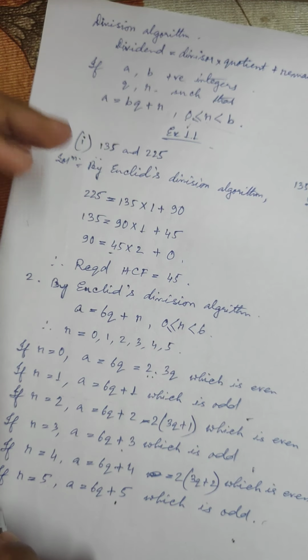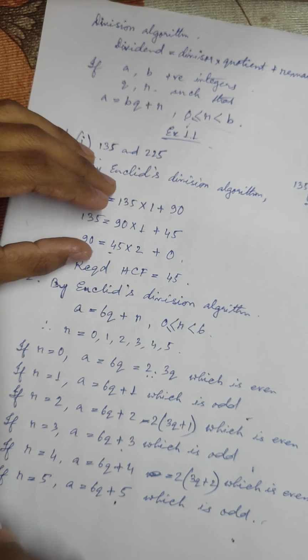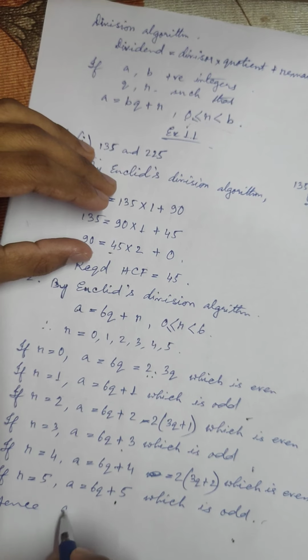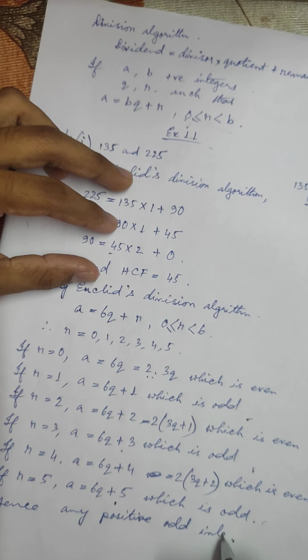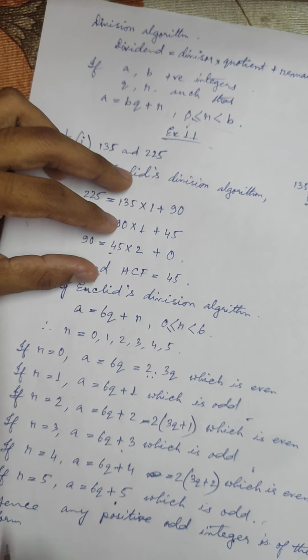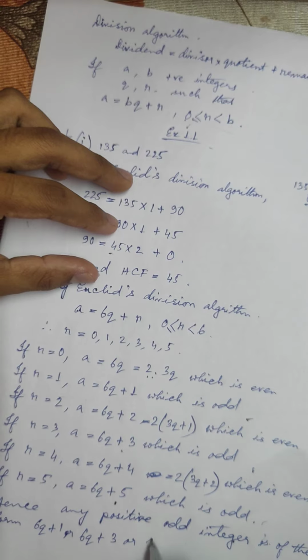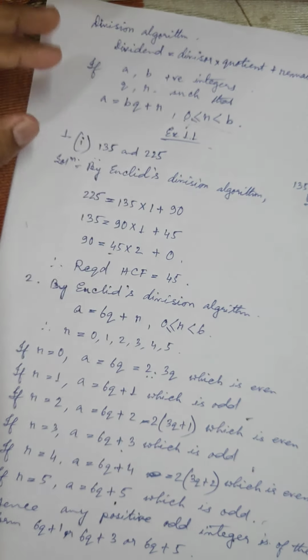So now in the last line you can write, hence any positive odd integer is of the form 6q plus 1 or 6q plus 3 or 6q plus 5. This way we can show this.